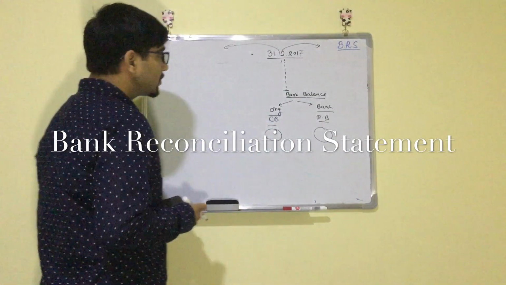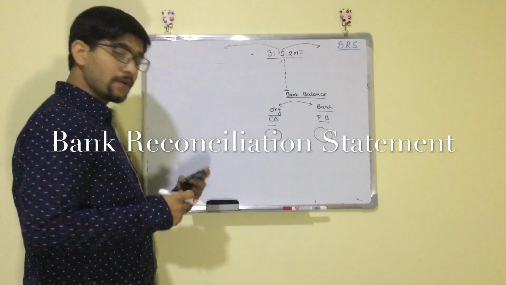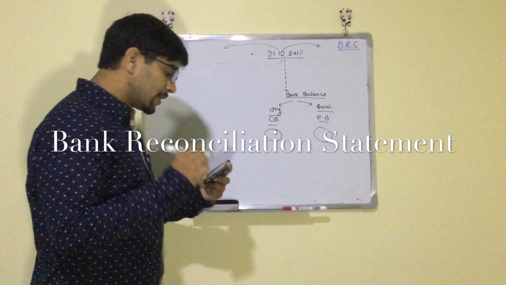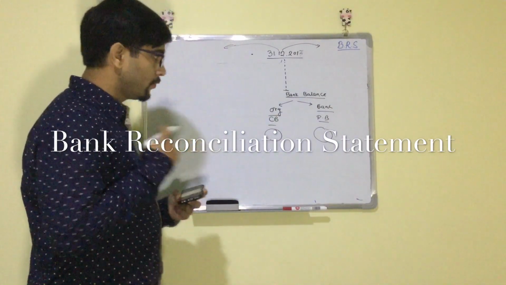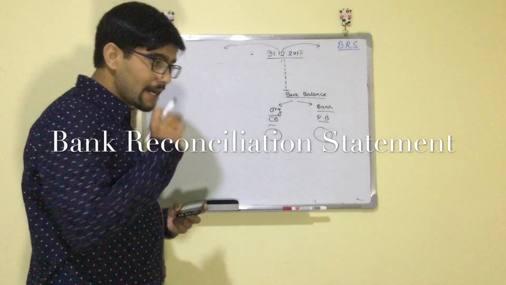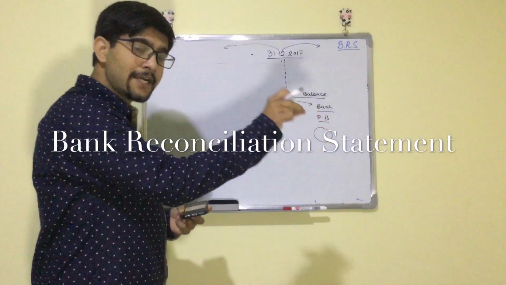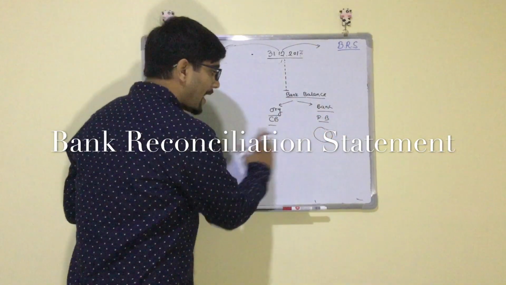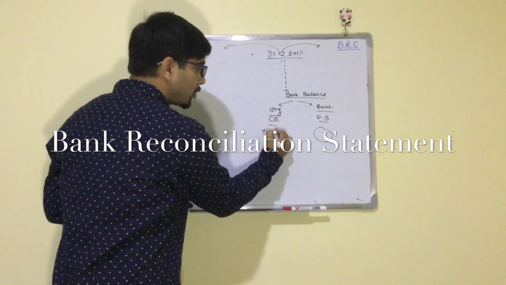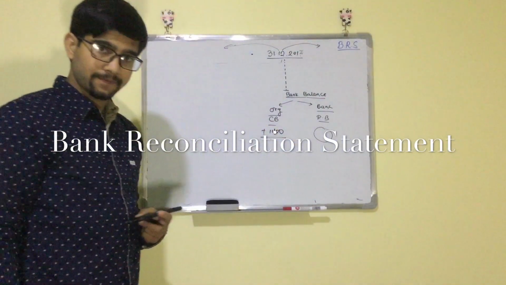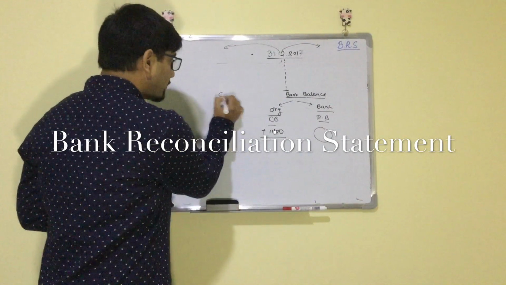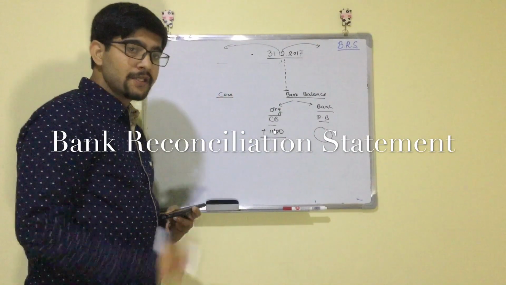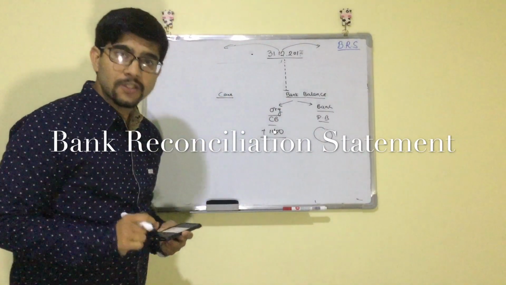Okay? So in adjustment number 2, what has happened? A check of $1,400. We, the organization, entity, has deposited a $1,400 check in the bank. So immediately what we have done, we have added $1,400 in our book, because in cash book the entry happens then and there when you deposit the check in the bank.